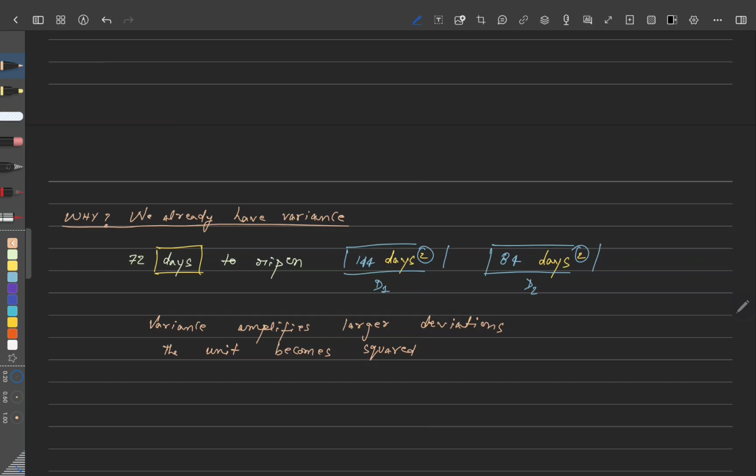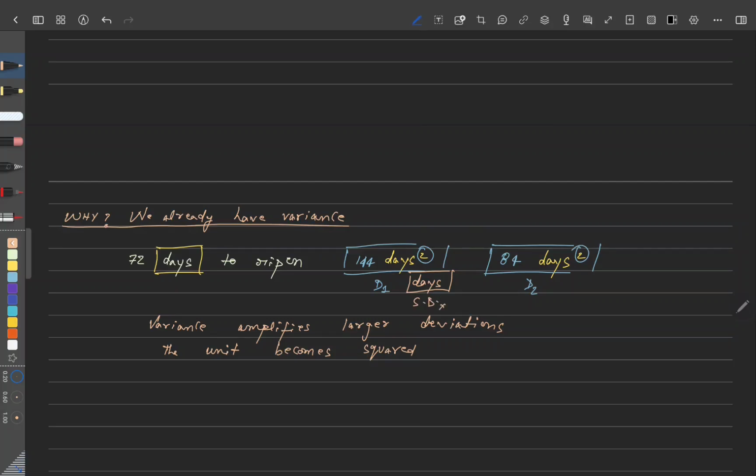In the case of standard deviation, the unit stays the same, because we are finding this data which is 144 days square, and then we are square rooting it. So the unit again comes to days instead of days square. This is for standard deviation.